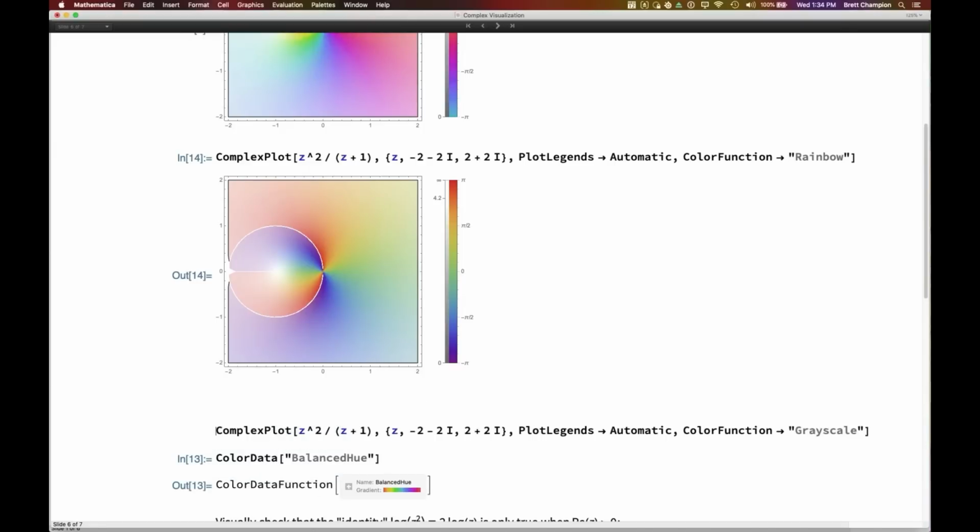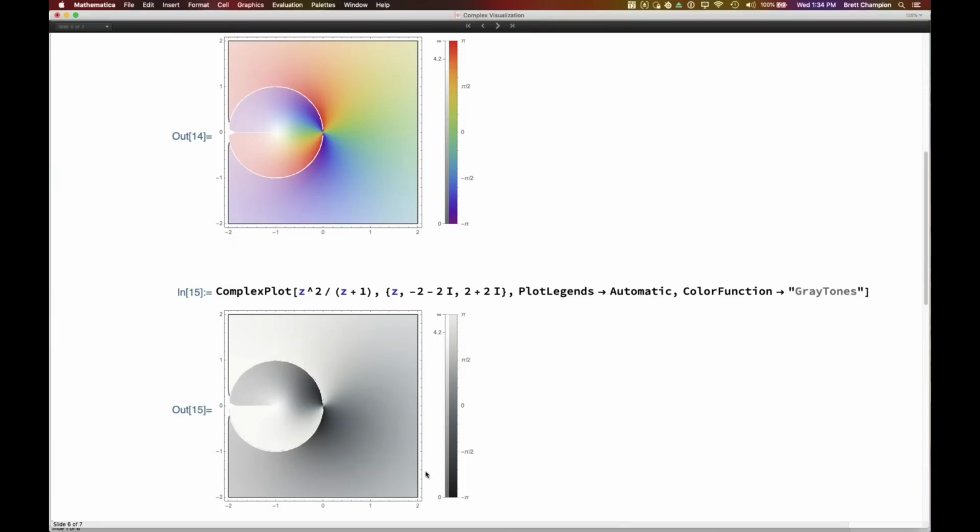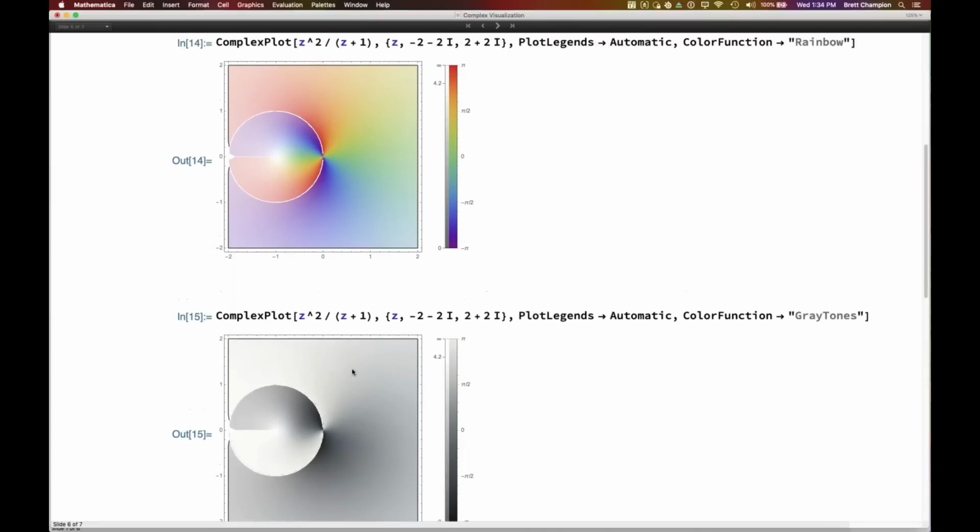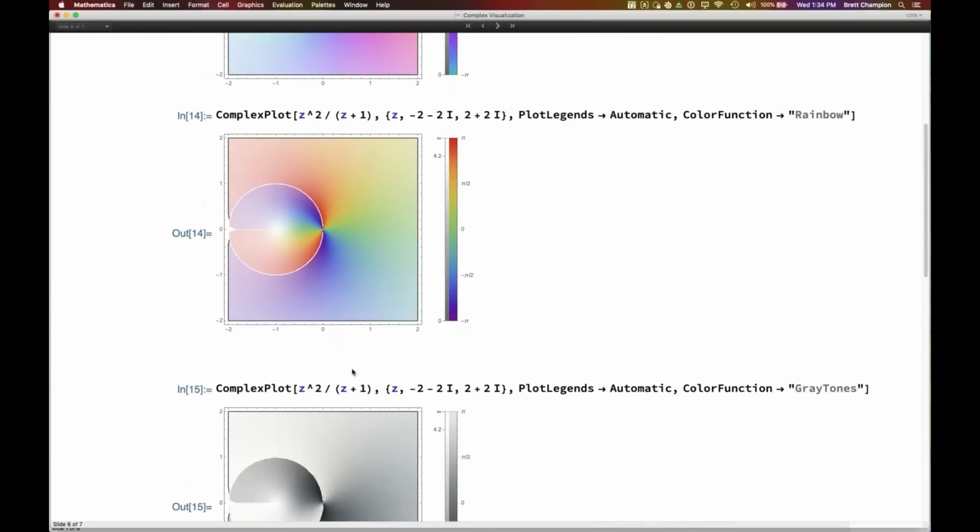Gray tones. Then you get non-cyclic, and that shows off some of the branch cuts a little bit better, where it jumps from pi to minus pi.